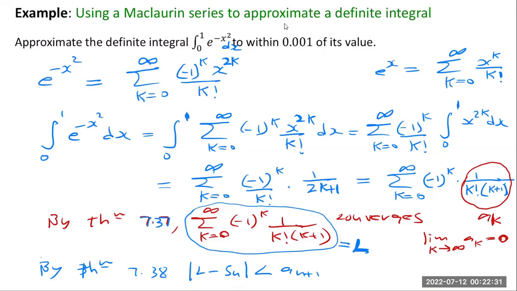Remember, for any sequence AK, Sn is nothing but sigma k goes from 0 to n of AK. You take the n partial sum.